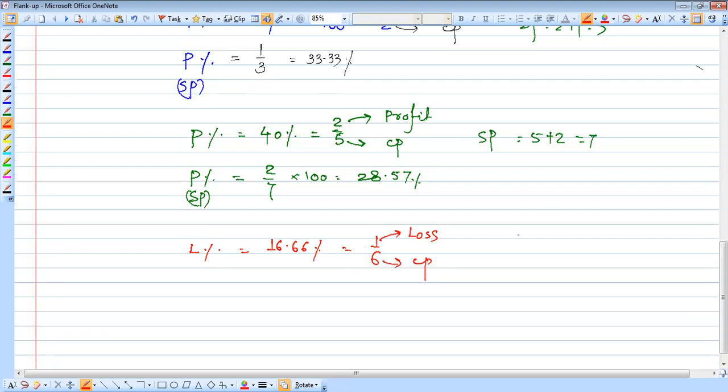Now make a note that you are making a loss. You bought it at 6 rupees, you are making a loss. So you are selling at a lesser price. So the selling price would be 6 minus 1, 5. So loss percentage on the selling price is equal to 1 out of 5 into 100, 20%. Got it?